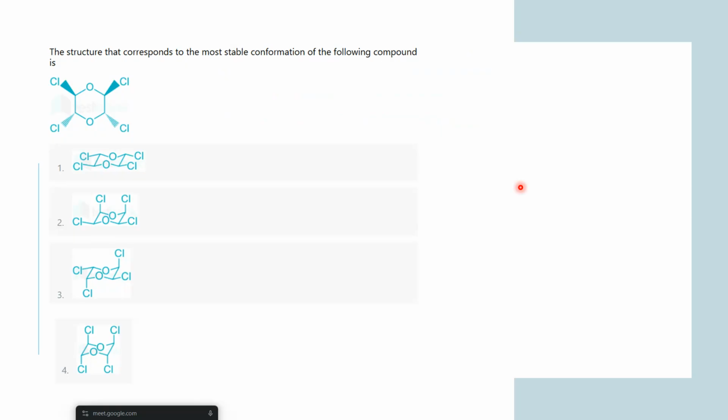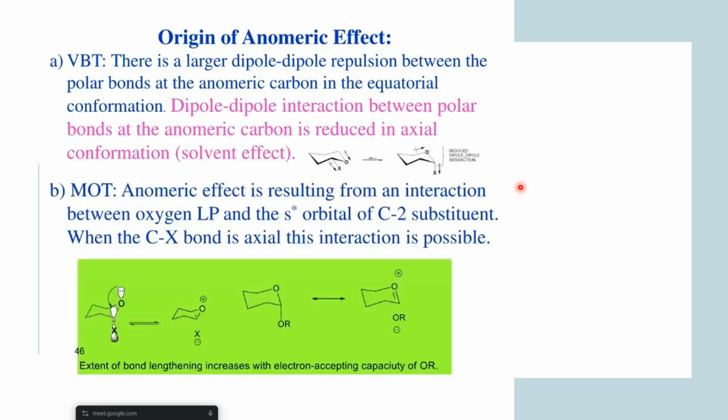So it is given in 4 different conformations, and you will have to choose the most stable conformation. So in structures like this, you have to consider the concept of the anomeric effect. Let us revise the anomeric effect.